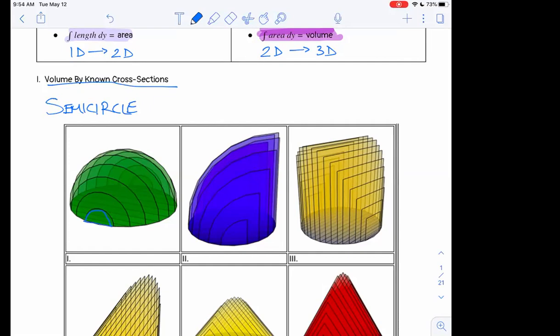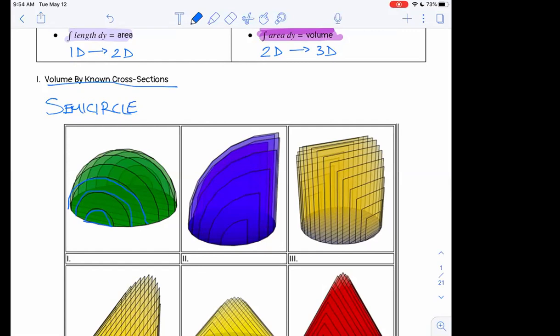And I'm just going to take a sampling here. This is not every semicircle, but another semicircle is going to be right here. And then another semicircle is going to be right here. And in between the semicircles that I've highlighted, there are an infinite number of slices, and every single slice is a semicircle. Okay.